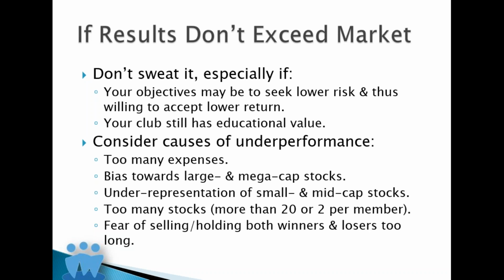Maybe your broker commissions are too high. You've got other expenses that you could avoid and perhaps should not be paying out of the club's coffers. So certainly expenses drag down returns. Maybe you've got a bias, as many clubs do, towards large and mega cap stocks.